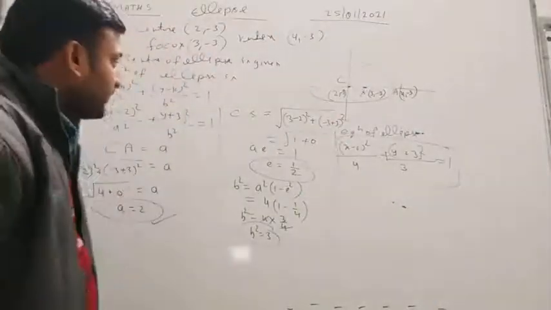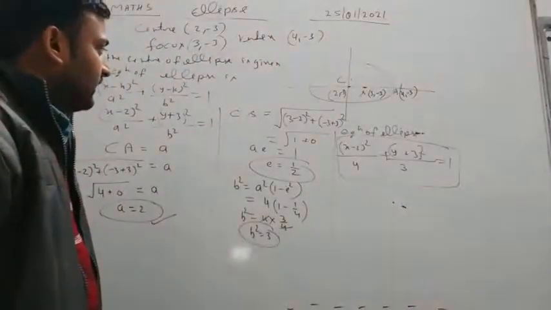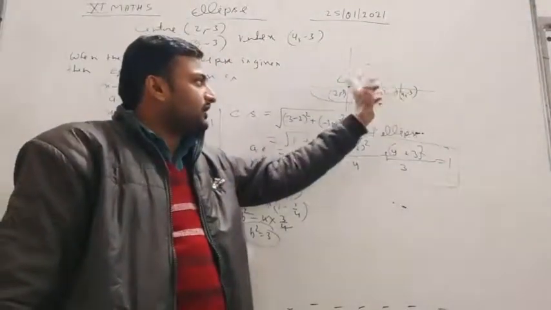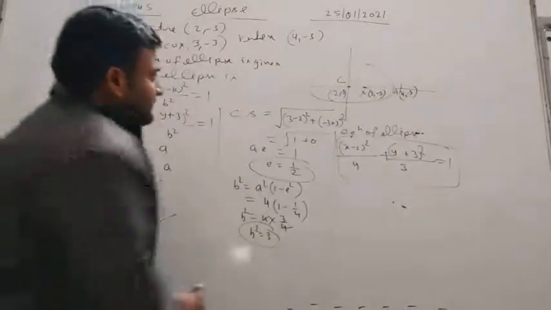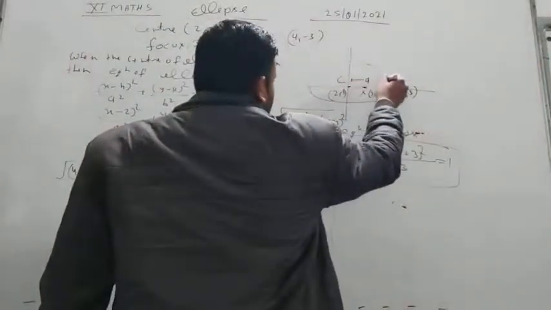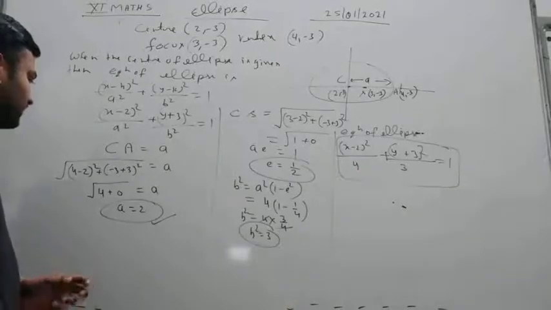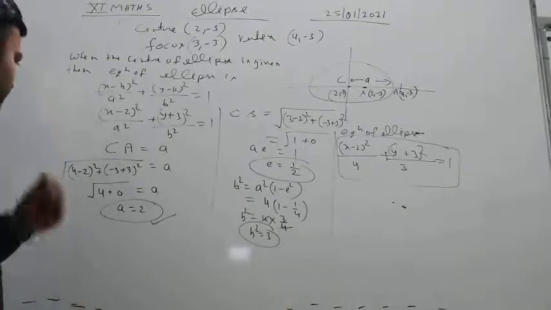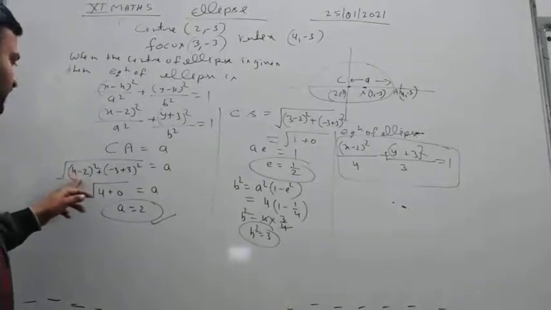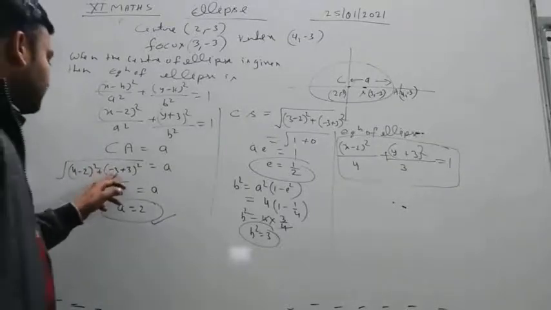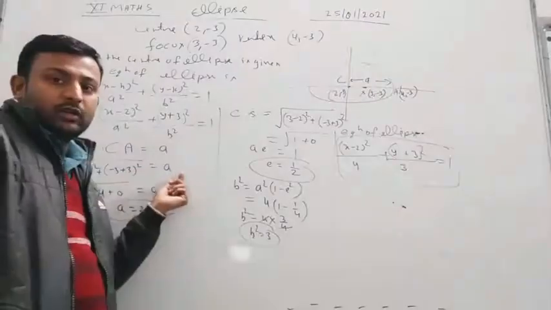Okay. So student, we are seeing that from the given figure, the distance CA is equal to small a. Okay students. So from here student, we are saying that this is under root (4 minus 2) whole square plus (minus 3 plus 3) whole square is equal to a.